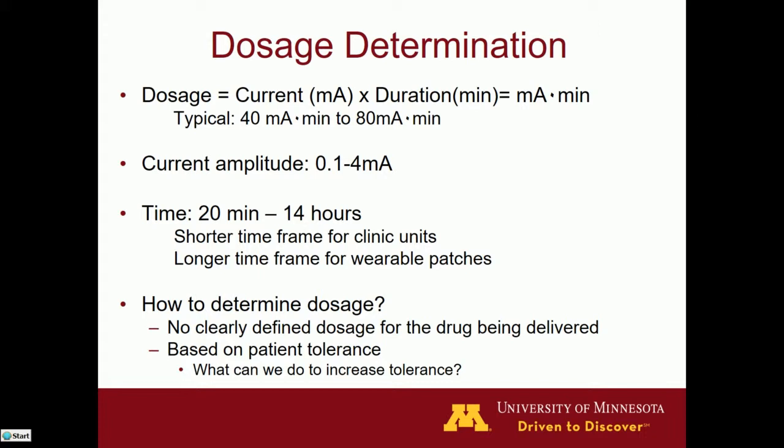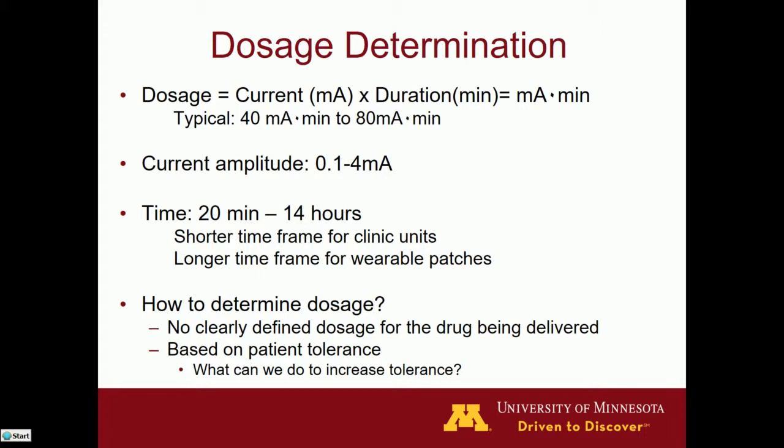Basically, and you'll see the formula on that first bullet point, it's current, which is your milliamps, times your duration, which is the minutes. On clinic units, your current amplitude ranges from 0.1 milliamps up to 4 milliamps.